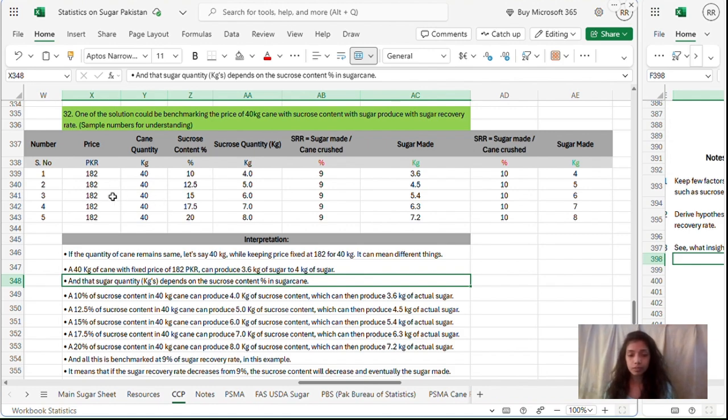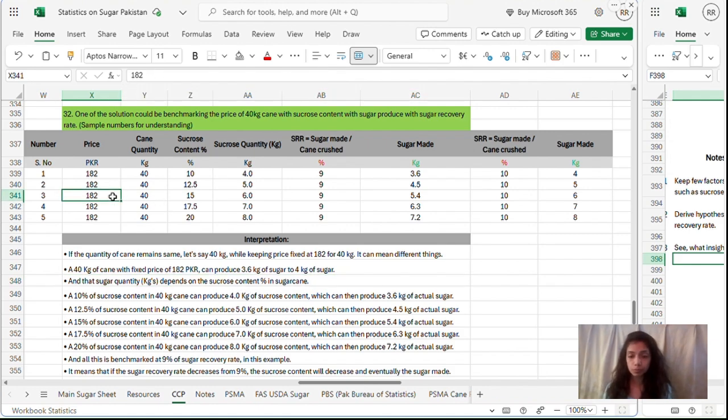At 40 kg of cane with 182 price, it can produce 3.6 kg of sugar to 4 kg of sugar. So this is the 182, this is the 40 kg of cane, and here 3.6 kg of sugar and 4 kg of sugar. So two different kinds of sugar can be made. Now how this difference came about, it was due to the difference in sugar recovery rate.